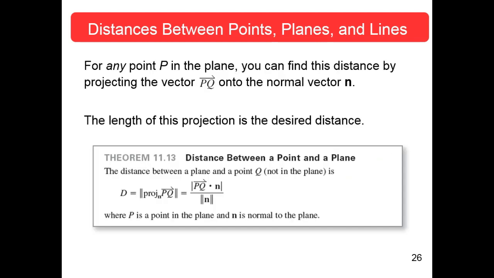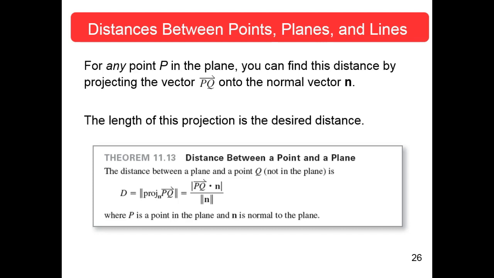I'm trying my best to remember that we did that, and well, they're showing it to you now. For any point P in the plane, you can find the distance by projecting the vector PQ onto the normal vector. The length of that projection is the desired distance.